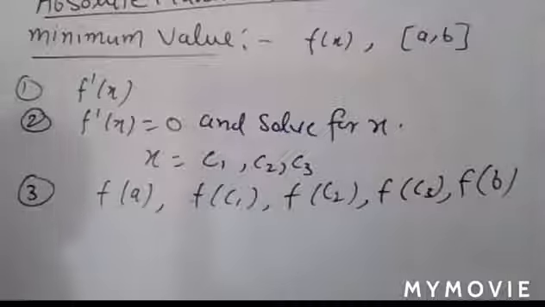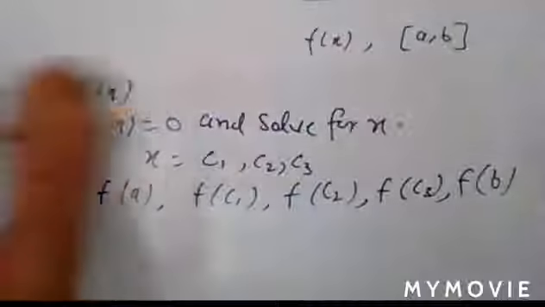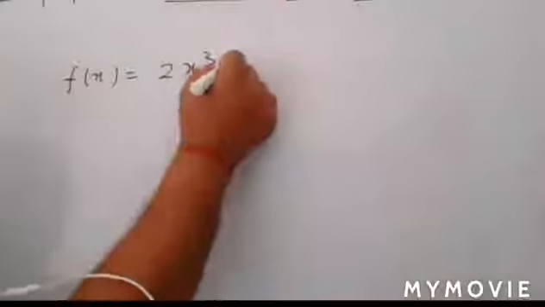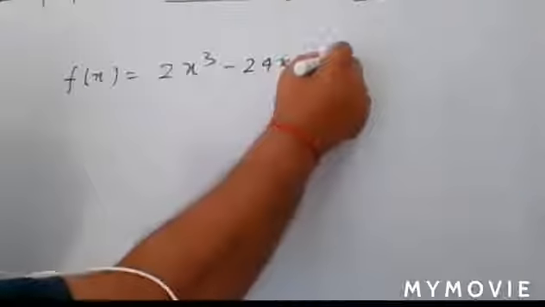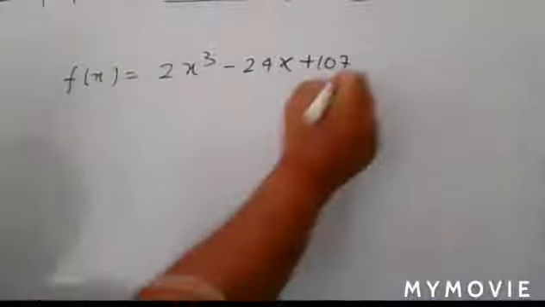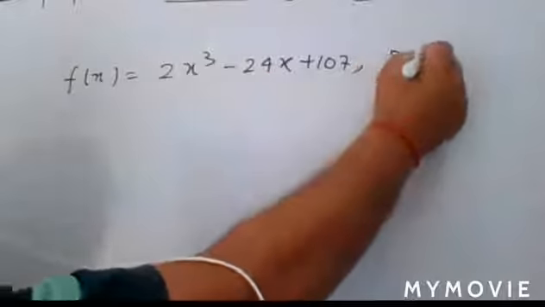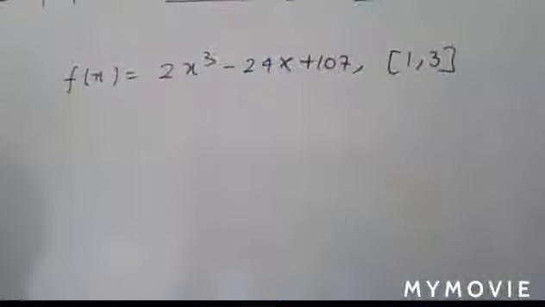Note it. Find the maximum and minimum value of f(x) = 2x^3 - 24x + 107 in the interval [1, 3].